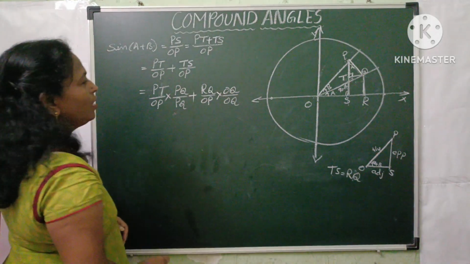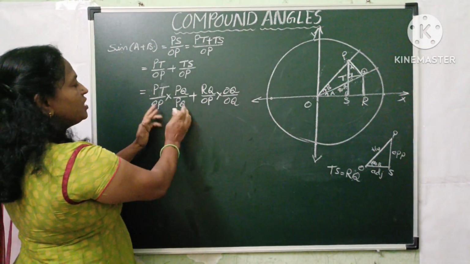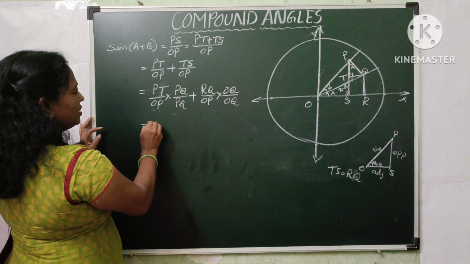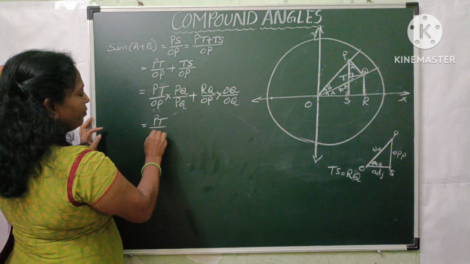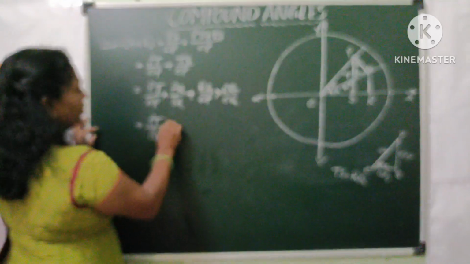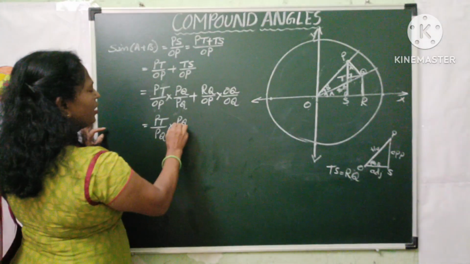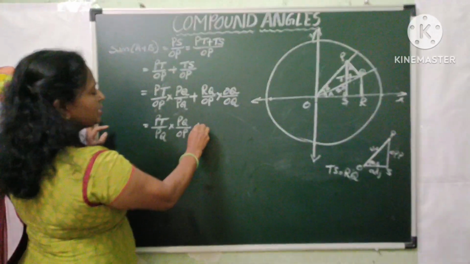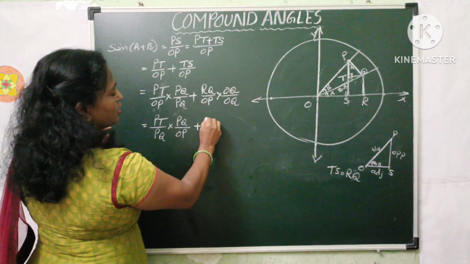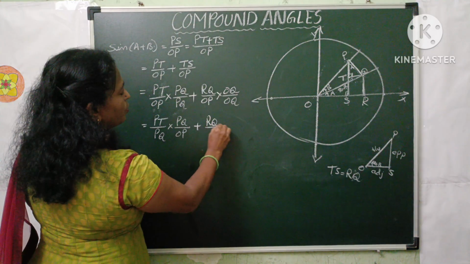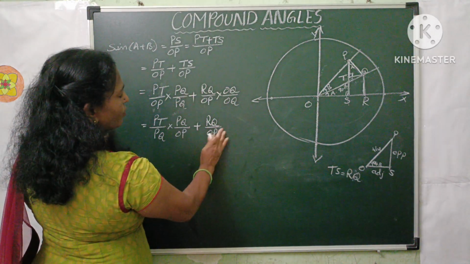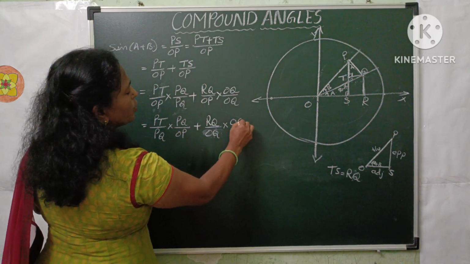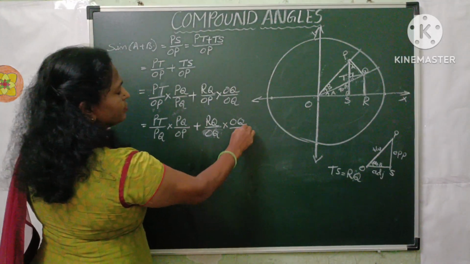Now we have to interchange the denominators. That is equal to PT by PQ into PQ by OP, just interchanging these two, plus RQ by OQ into OQ by OP.